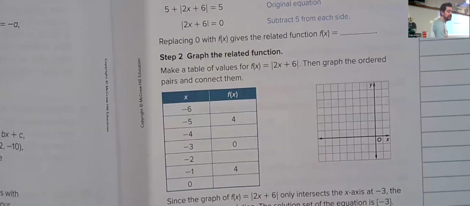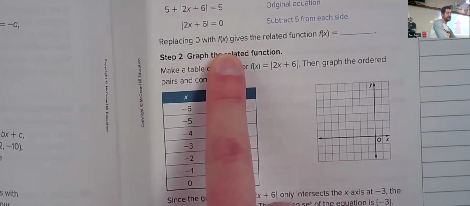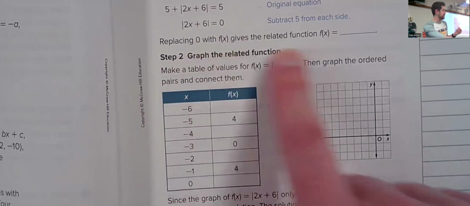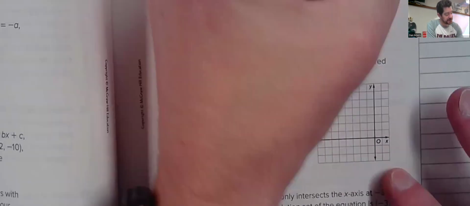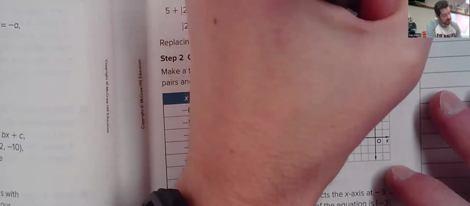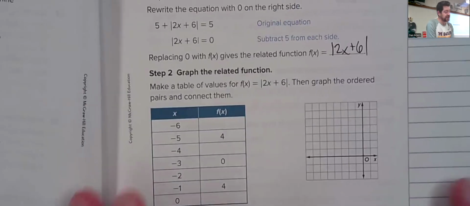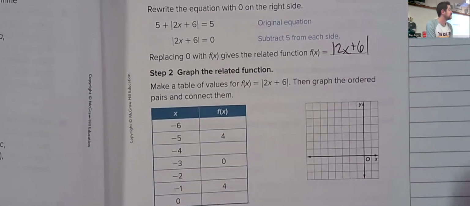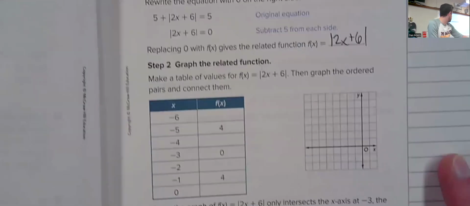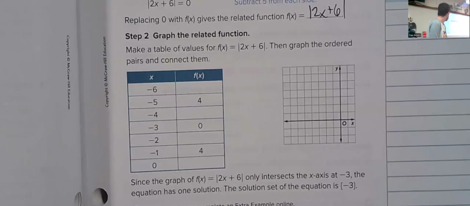So if you replace f of x with 0, it gives the related function f of x equals what's in the absolute value, which is the absolute value of 2x plus 6. And then what you're going to do is you're going to graph the equation or the function f of x equals the absolute value of 2x plus 6. And if you were to make a table of values to graph it, it's suggesting that we use -6, -5, -4, -3, -2, -1, 0.